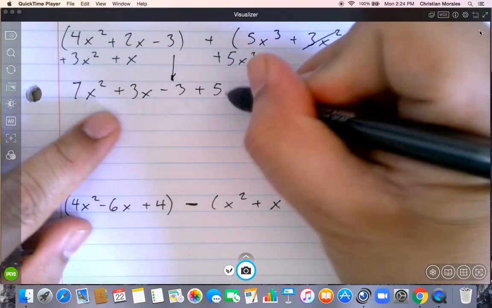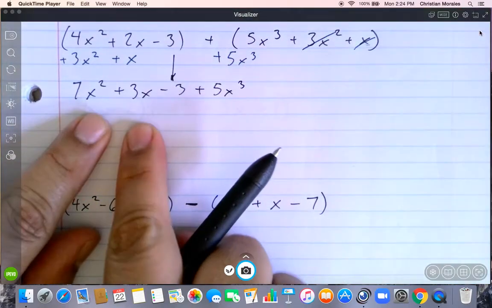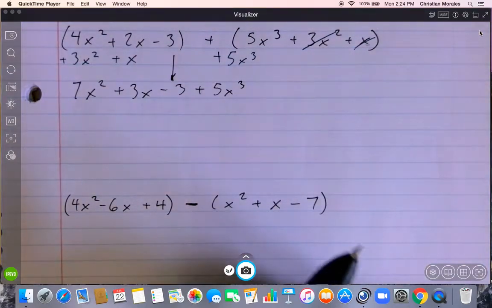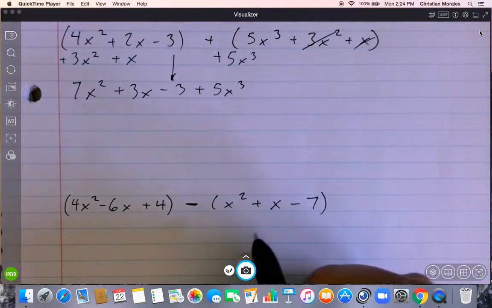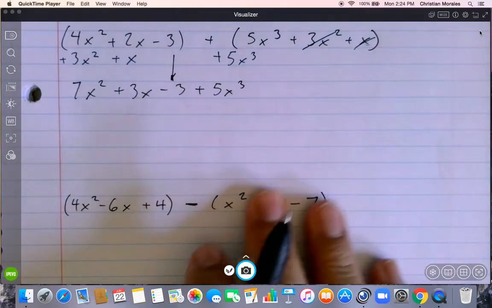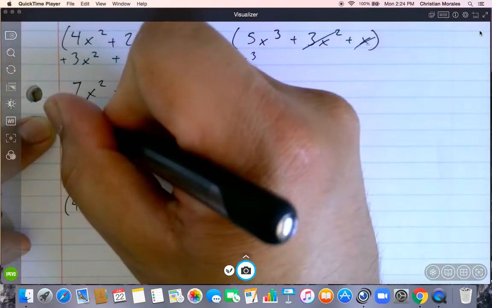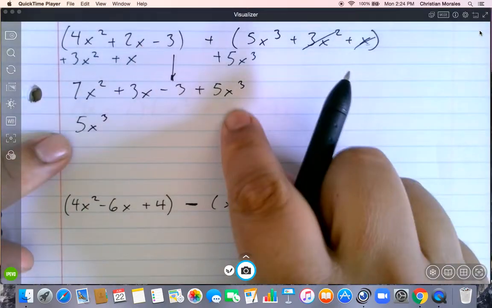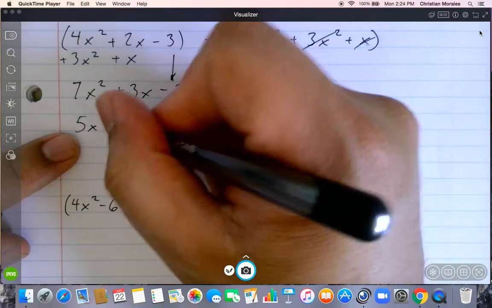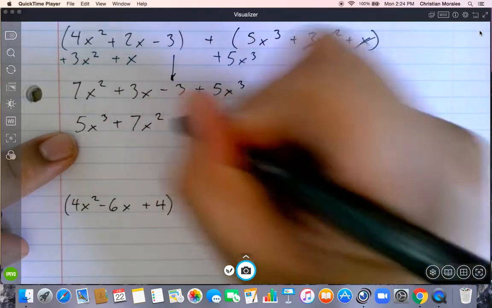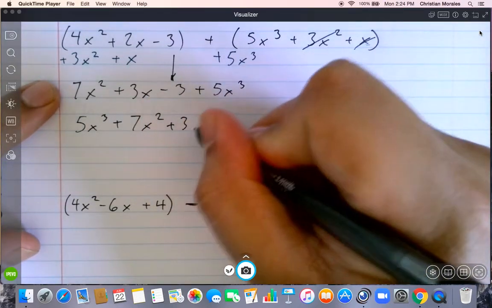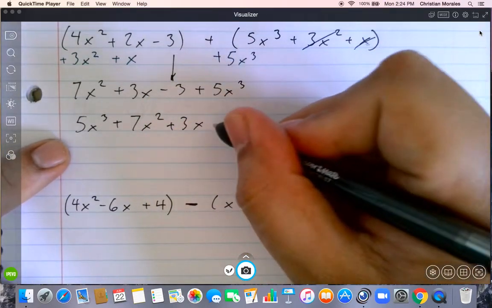Now, if you wrote this, your math is correct, but the answer is still wrong because you need to write it in standard form, which means you need the biggest exponent to go first. So we actually start with this number first, then the next biggest one, then the next one, and finally the 3.